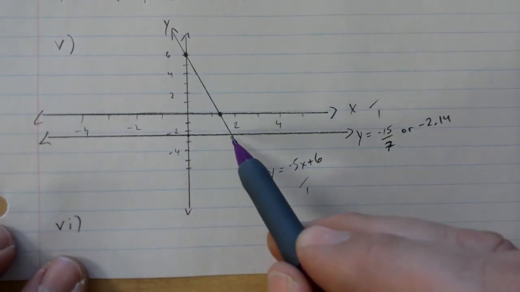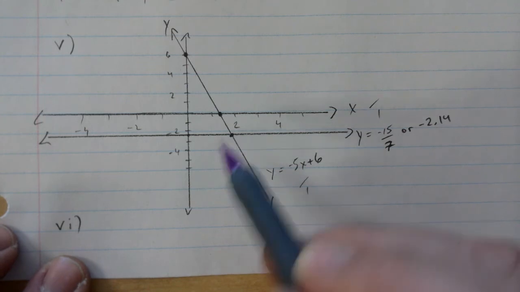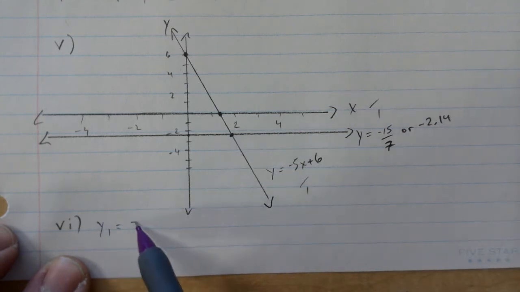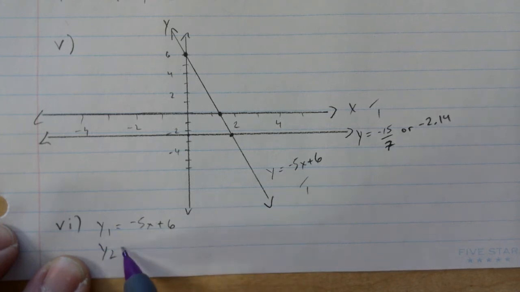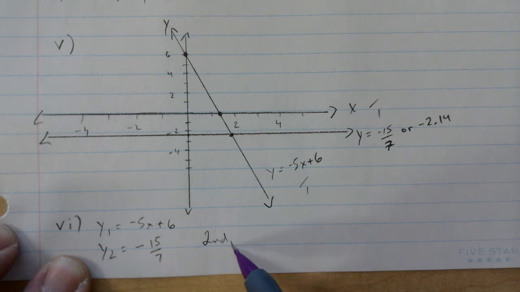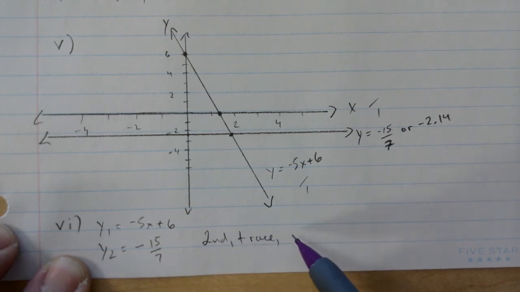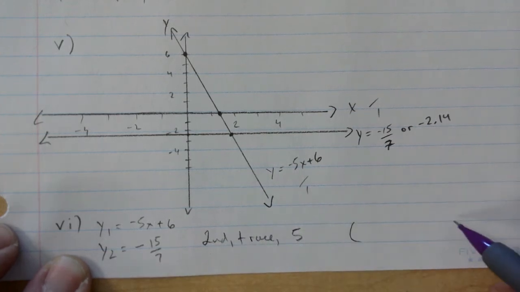And then to find the intersection, which we're after here, we let y1 equal -5x plus 6. We let y2 equal -15/7. And then we go second, trace 5 to find that point of intersection.